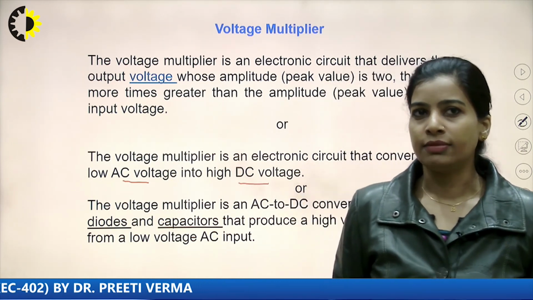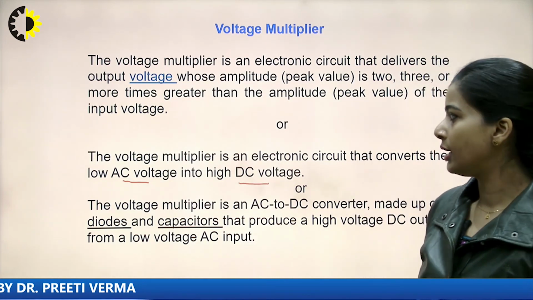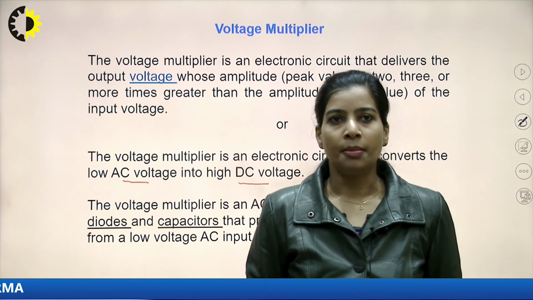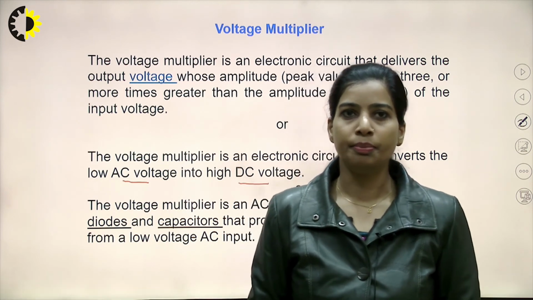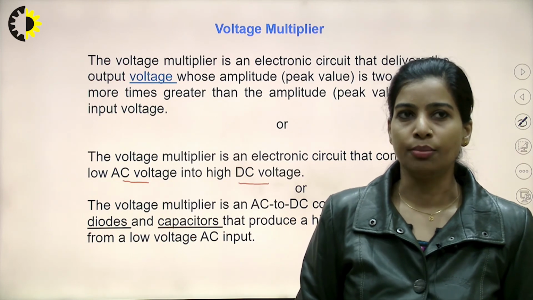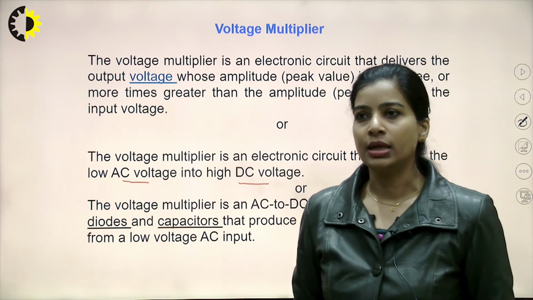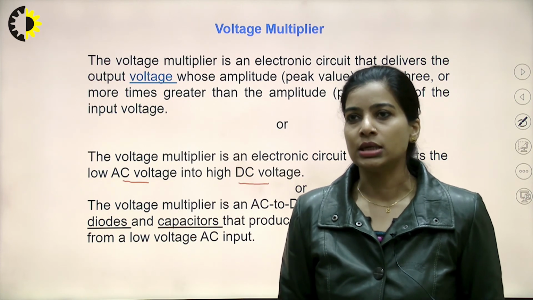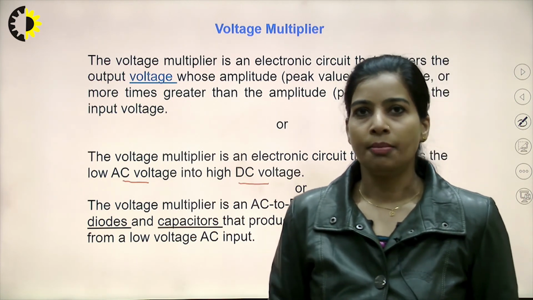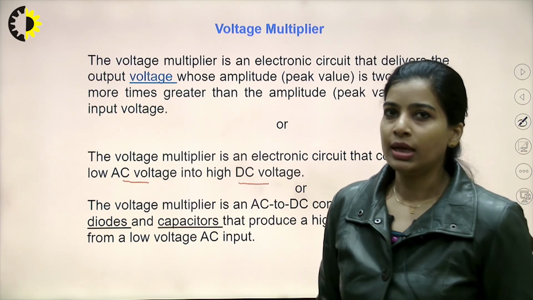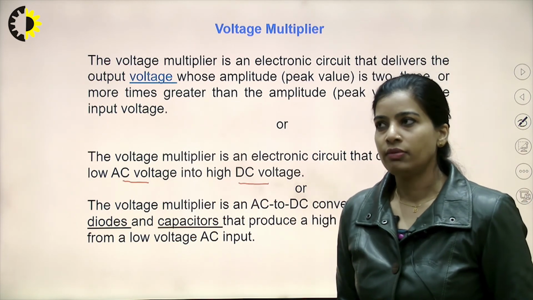In the rectifier circuit, we have seen that we are converting AC to DC, but its maximum peak is limited to the maximum peak of the input. Either we can get up to the maximum value of the input, or we will be getting lower than the maximum peak of the input. How do we get less in the case of a rectifier?